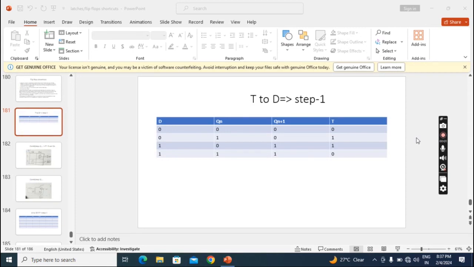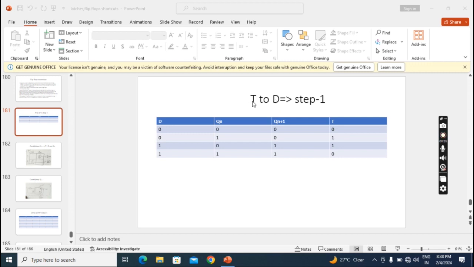In this lecture, we will discuss the conversion process of T into D flip-flop, T to D conversion. Okay. So this is step 1. I told in the previous lecture, in the first step, we have to take the characteristic table of the required flip-flop and the excitation table of the given flip-flop.